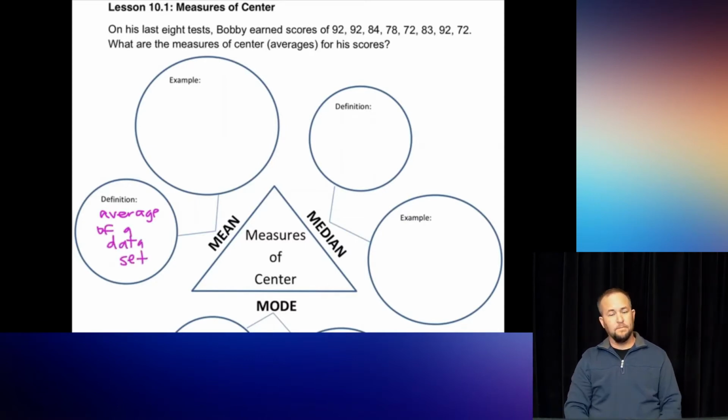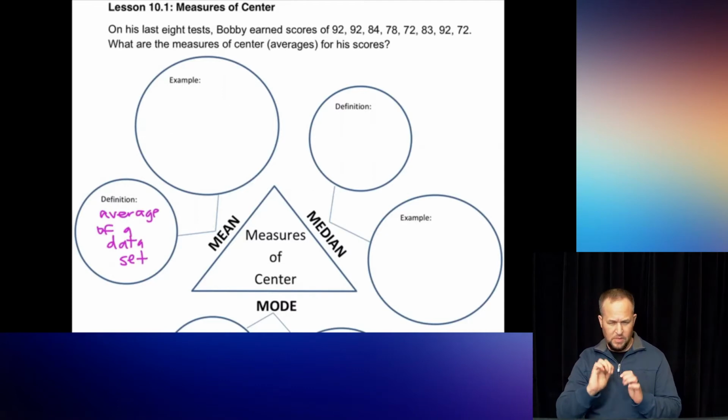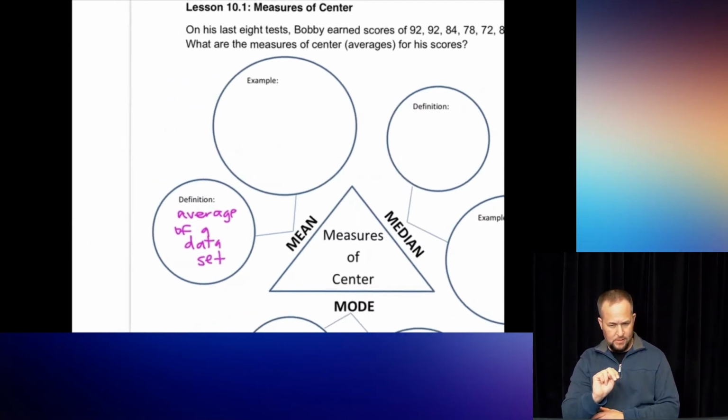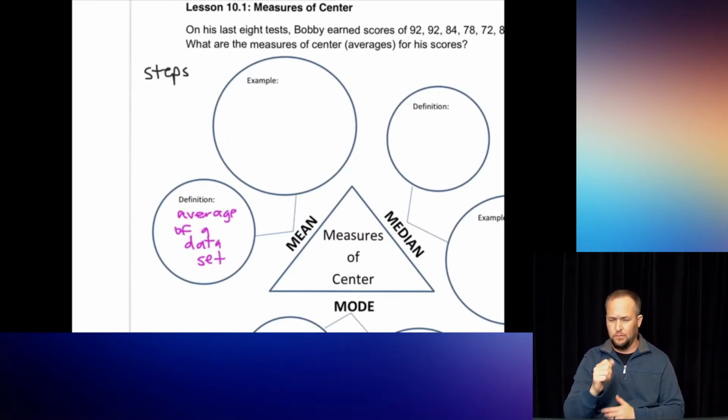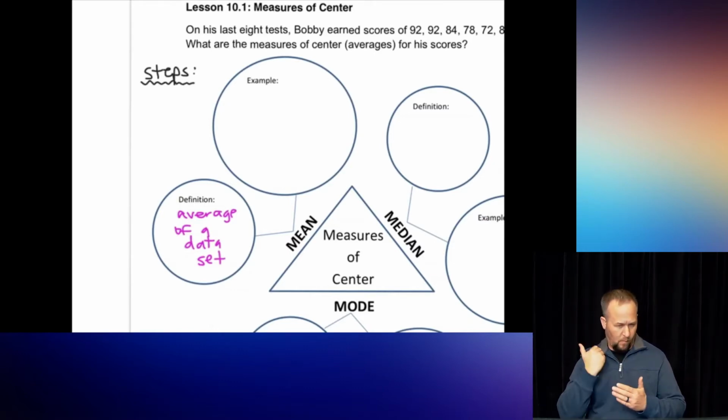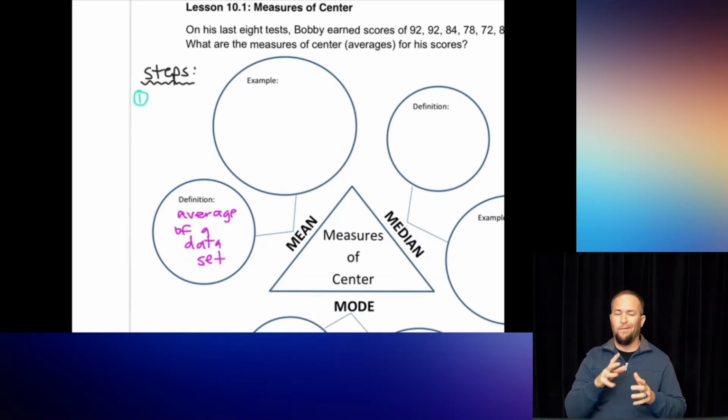Off to the side, I'm also going to write out our steps for finding the mean, and then we're actually going to work it out. There are a few steps. We've actually seen these steps before. The first step is to find the total, so total up, or find the sum.